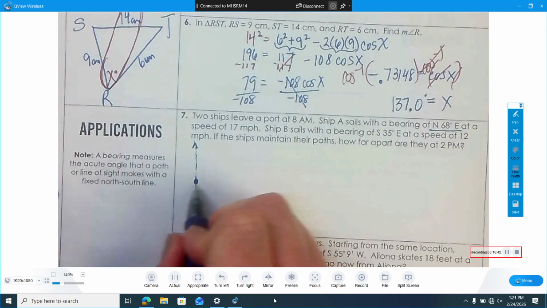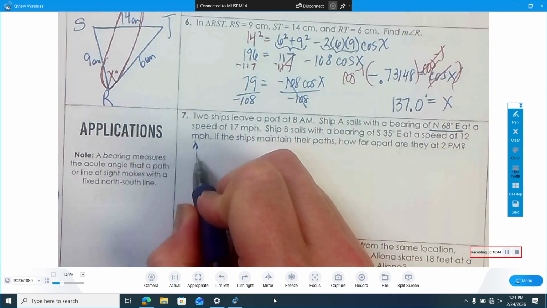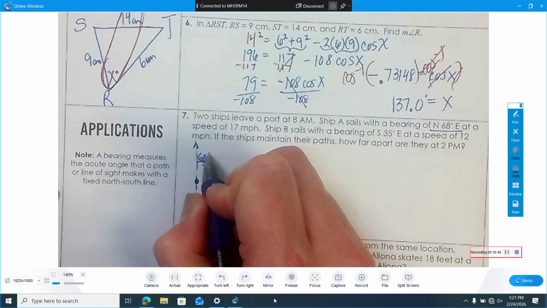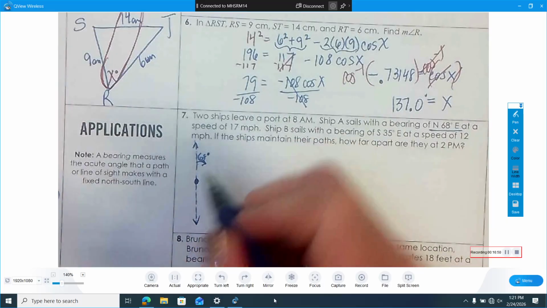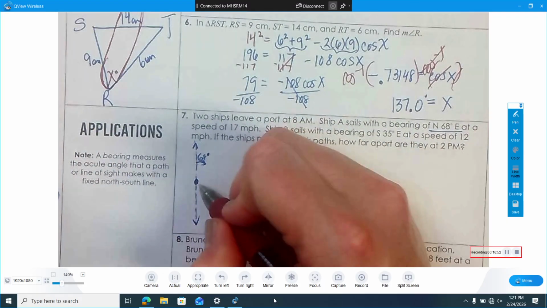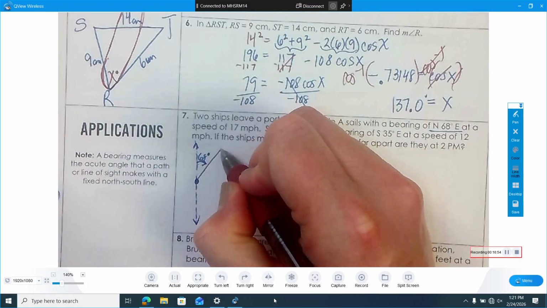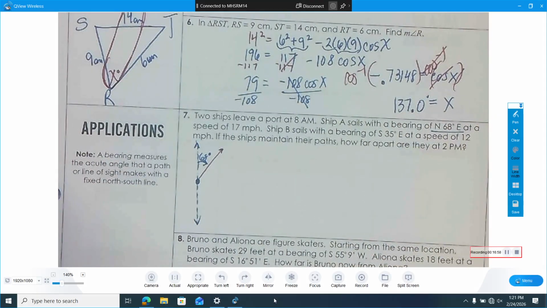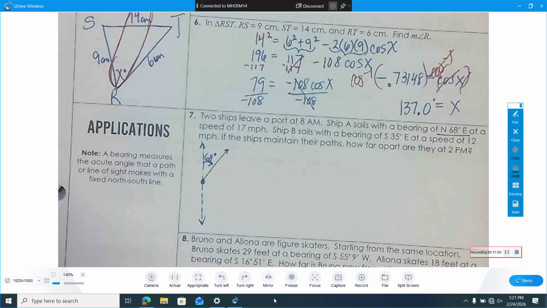East is over here to the right, so they're making this angle here 68 degrees to the easterly direction, which means my ship is sailing this way, 68 degrees east of north. Does that make sense to you? Okay. And it's sailing at a speed of 17 miles per hour.